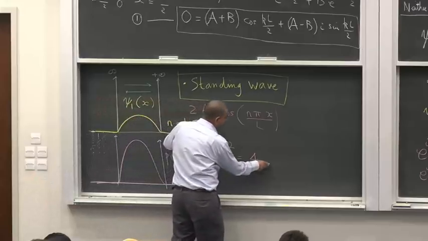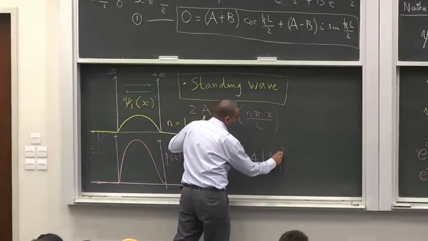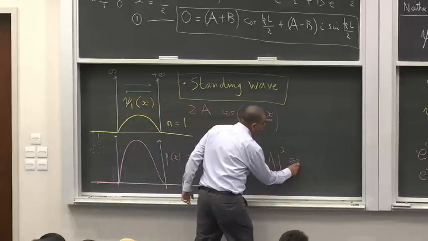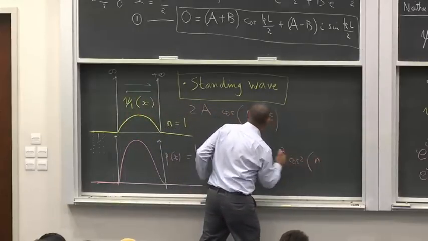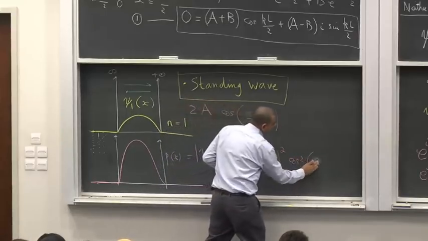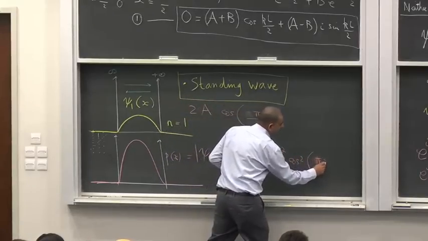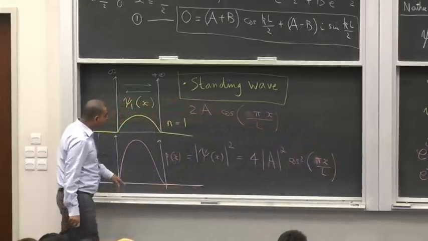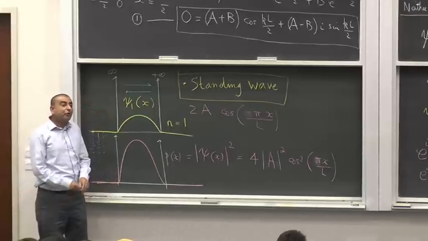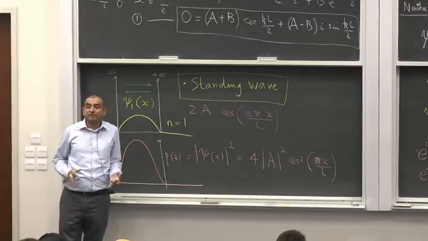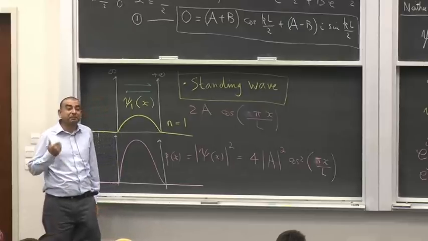So, modulus a squared, and just take the square of this: cosine squared, with n equals 1.